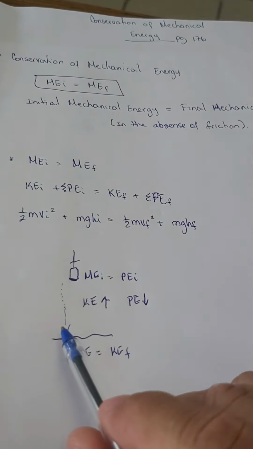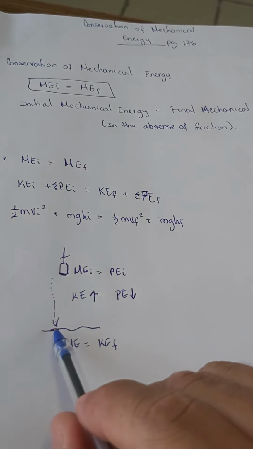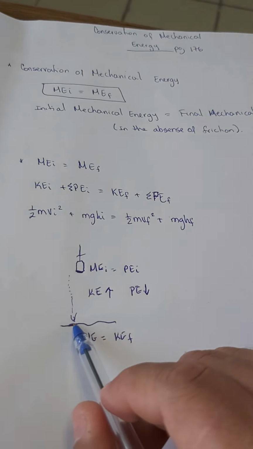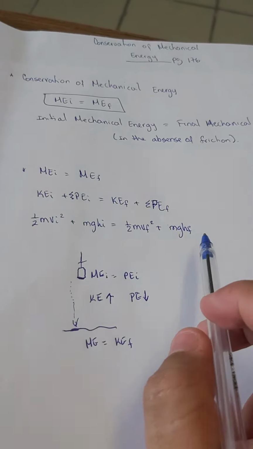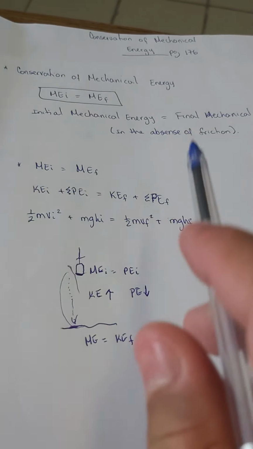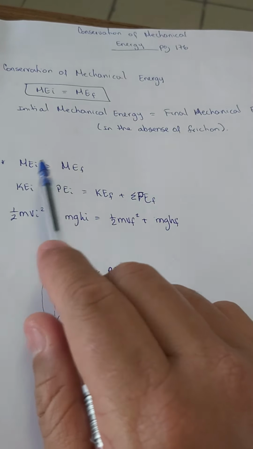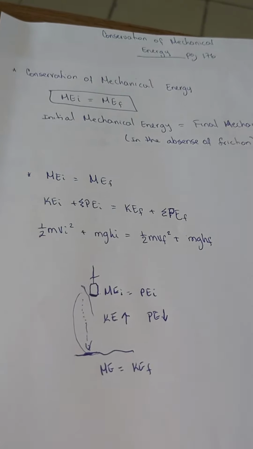Why? Because at this point the final height is 0, so all the energy has been converted to kinetic energy. And everywhere in between, from the maximum height to the lowest height, the summatory of both energies will be equal. The initial mechanical energy will be equal to the final mechanical energy.